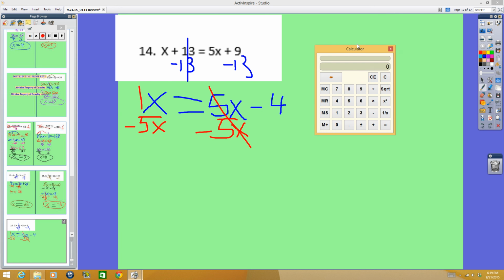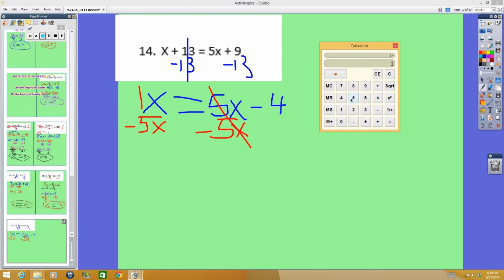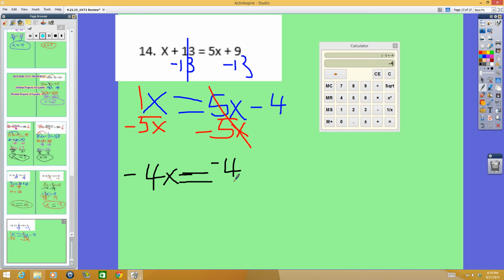Calculator. When I put 1 minus 5 in my calculator and press enter, I get negative 4. So that's what I'm sticking with. This is going to become negative 4x equals negative 4, the same thing on both sides. Last step, same thing, multiplication, divide by negative 4. And x equals 1.